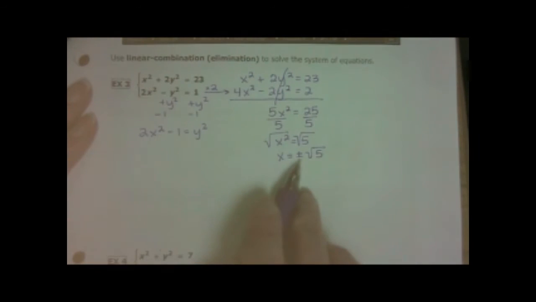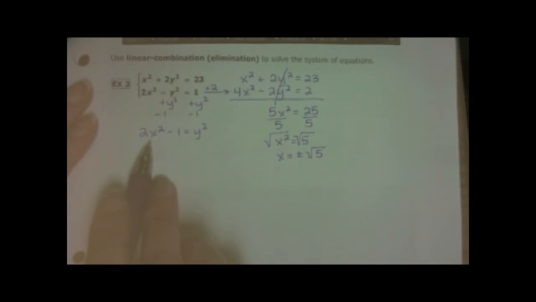If I put in a negative square root of 5 or a positive square root of 5 in here, guess what? I get the same thing either way, right? So what I get out of this goes with both the square root of 5 and the negative square root of 5. So 2 times plus or minus square root of 5 squared minus 1 is y squared.